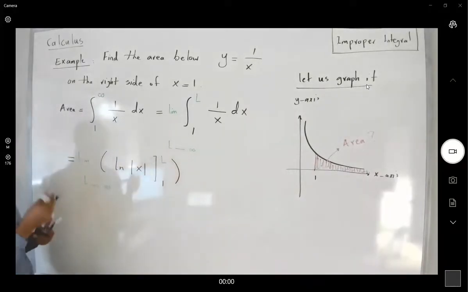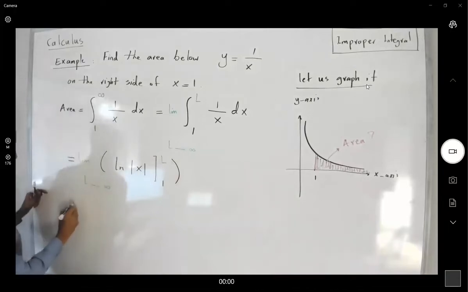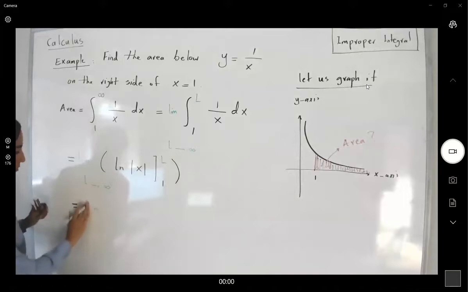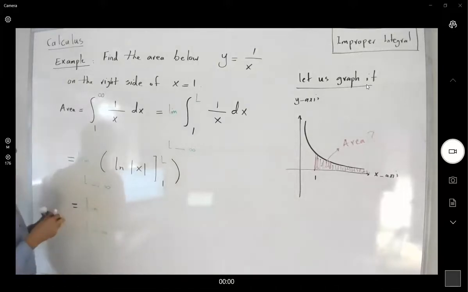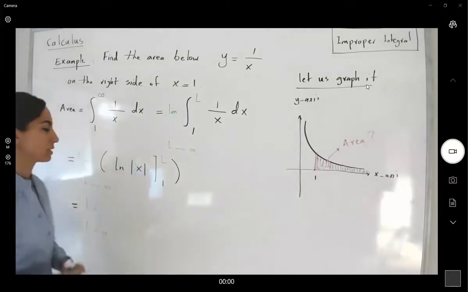So I have the limit as L goes to infinity of ln of L minus ln of 1, which is 0.